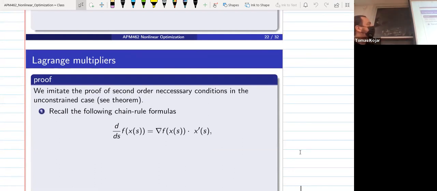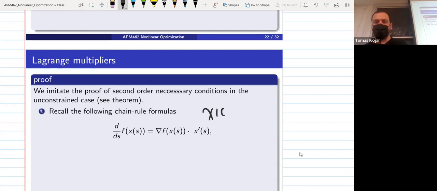Again, we're talking about tangent spaces, so there's no other way, unfortunately, because x naught might not be a regular point, so I have to use differentiable curves. So I use x of s.